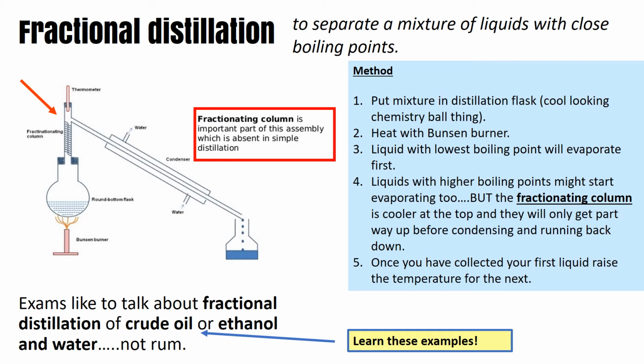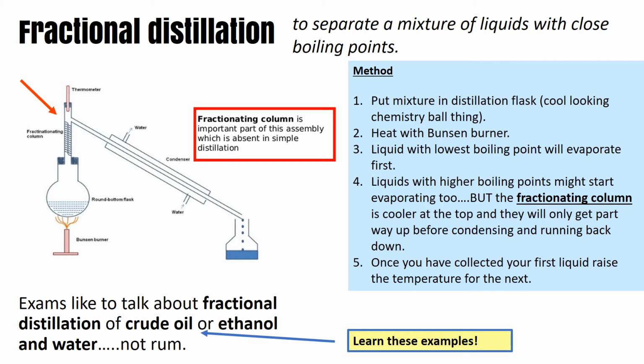And the point of it is that it is cooler at the top and hotter at the bottom, which makes sense. It's hotter near the heat source, but all these glass beads are aiming to create a much stronger temperature gradient. So it's much cooler at the top than it is at the bottom. This is crucial and another aspect that you will need to take in. A fractionating column is cooler at the top and hotter at the bottom.